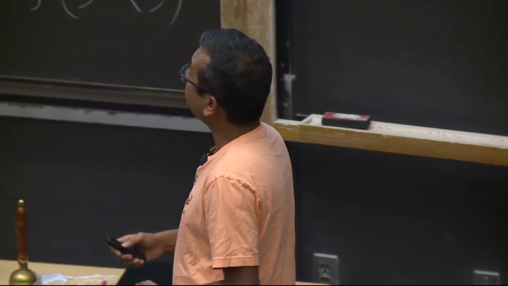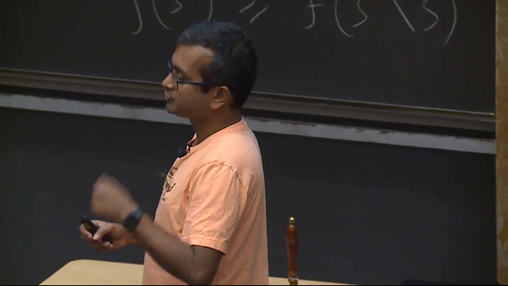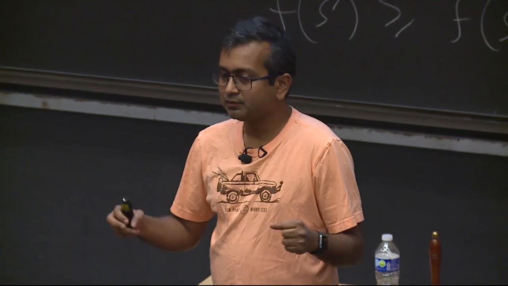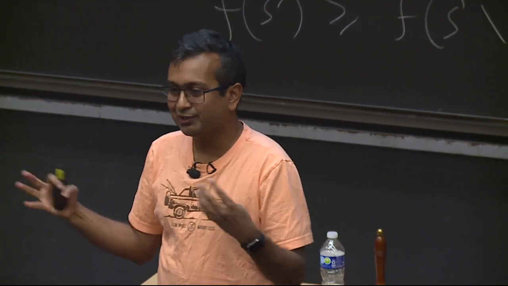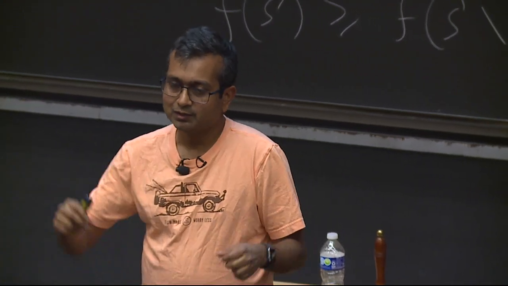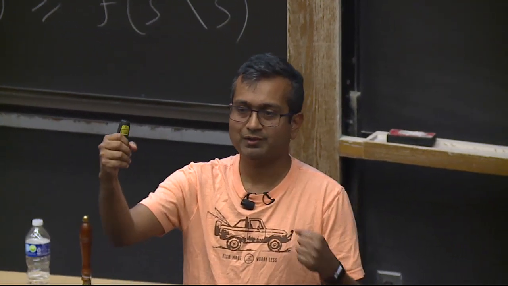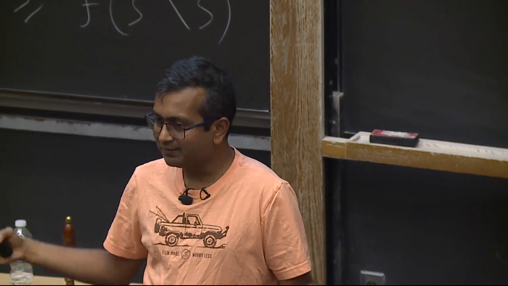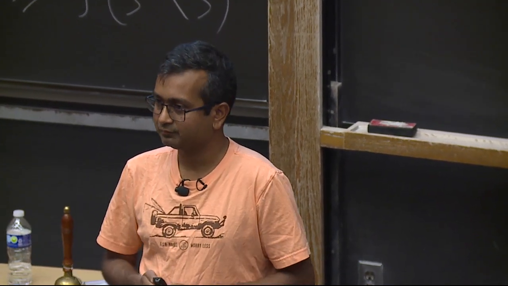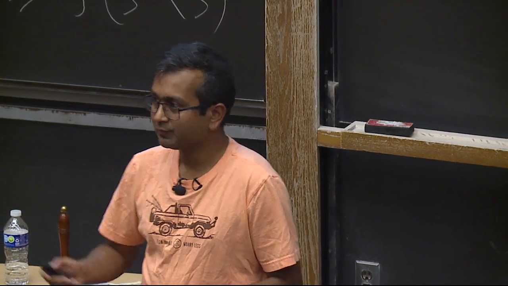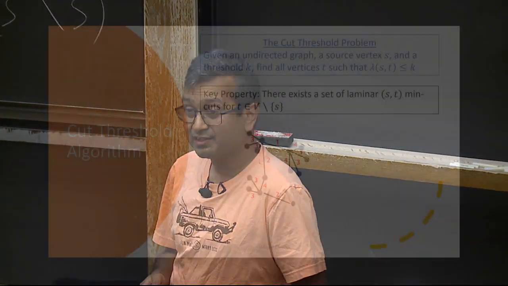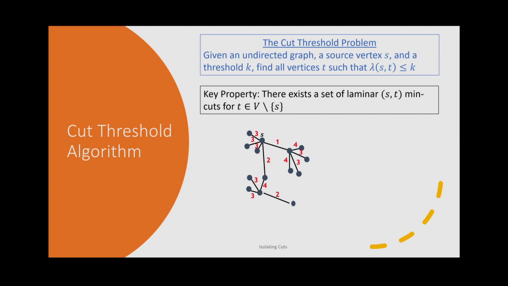Now, a key property of single source min cuts is that these cuts are not arbitrarily organized. In fact, if I fix this vertex S and look at the single source min cut from S to every other vertex, then these cuts form a laminar family. Okay? So one way of representing this is through this kind of a tree. So I have this vertex S somewhere in this tree. I have all these edges. Every edge represents a cut.